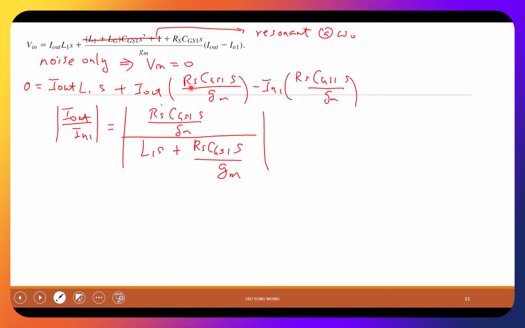Then it's just I out times the whole thing, and then IN1 times this whole thing, right? So with this, just do some simplification. Actually, RS is going to get cancelled, and times GM. Then I get RSCGS1, GM, S got cancelled, right? And then you multiply by GM, you get RSCGS1 plus L1GM.